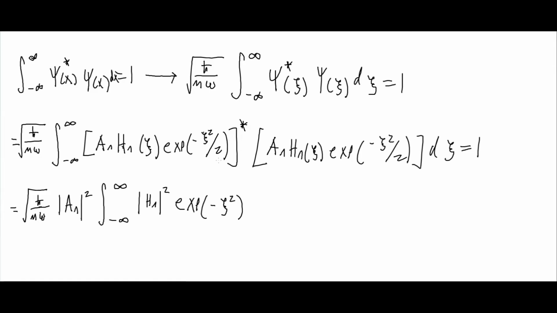Because we multiply those through, that 1/2 goes away, and then we have d xi equals 1.